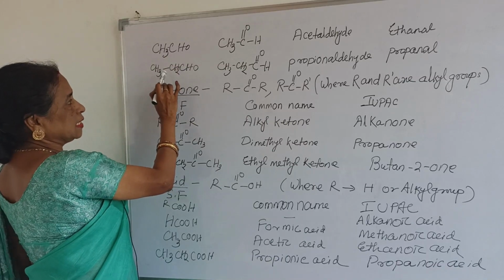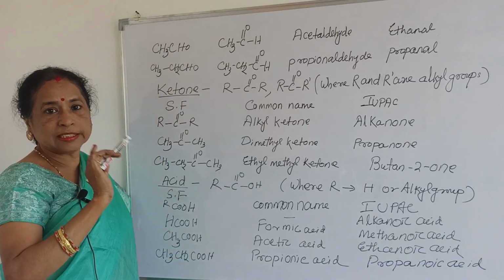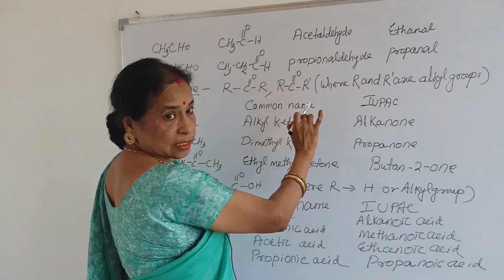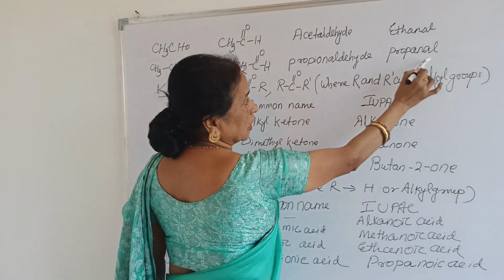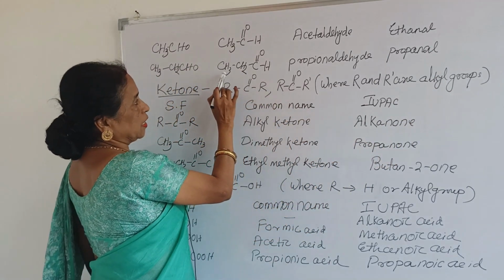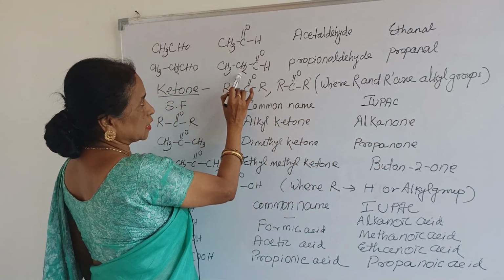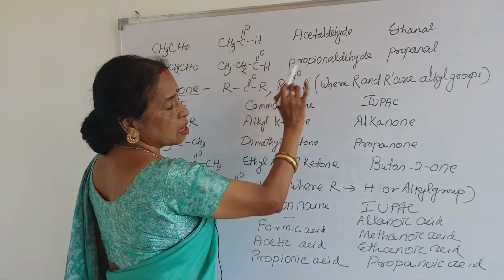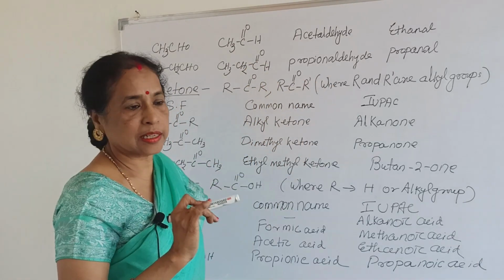Third compound CH3CH2CHO, which contains 3 carbons, so it is known as propionaldehyde. In IUPAC name it is propanal. And you can write the structure CH3CH2C double bond O single bond H. So IUPAC name is propanal.